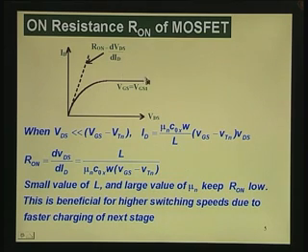Going out here, this portion is called the saturation region. So, in the linear region, the ID is related to VDS and the gate voltage by this particular relationship. Okay? ID is equal to some constant which depends upon the mobility, gate oxide, channel width and channel length.